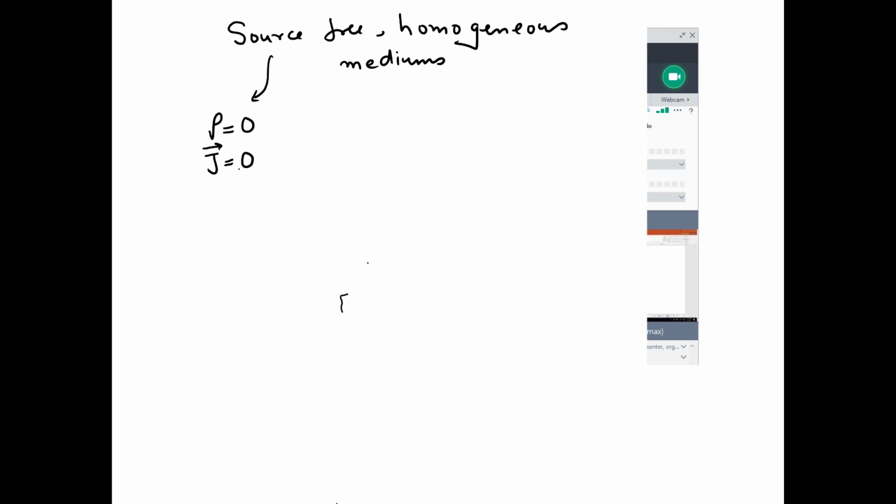I'm not adding any charge into my system and I'm not passing any current through my system. But I really want to understand what happens if I've created an electromagnetic wave somewhere. How would that electromagnetic wave go through my materials? And we had said that source free and homogeneous medium basically mean epsilon and mu did not change in space, that the material remained the same everywhere.